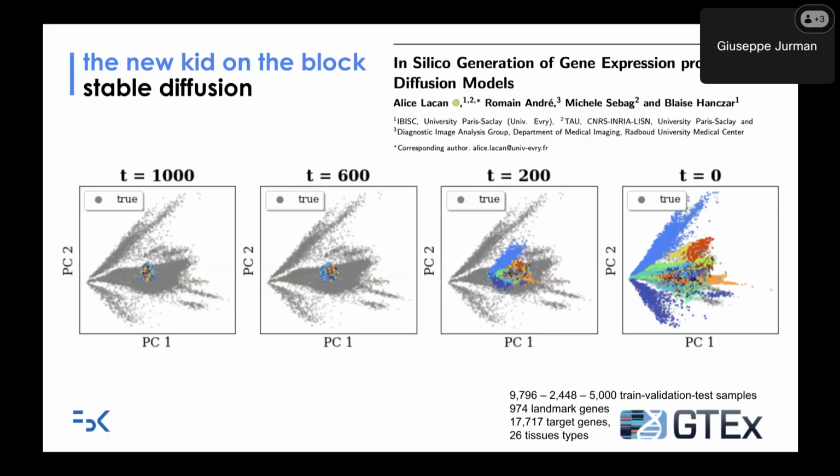So this is clearly suggesting that stable diffusion may also be the new horizon for constructing synthetic data of this kind.